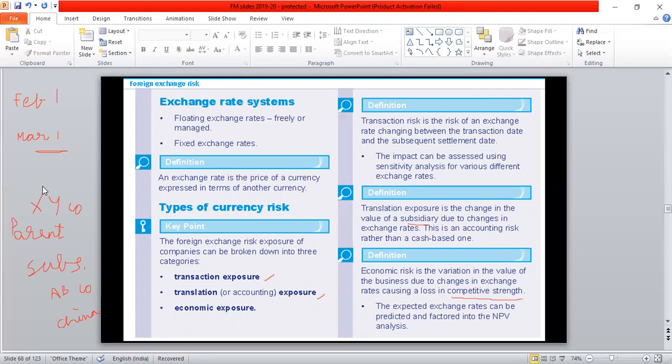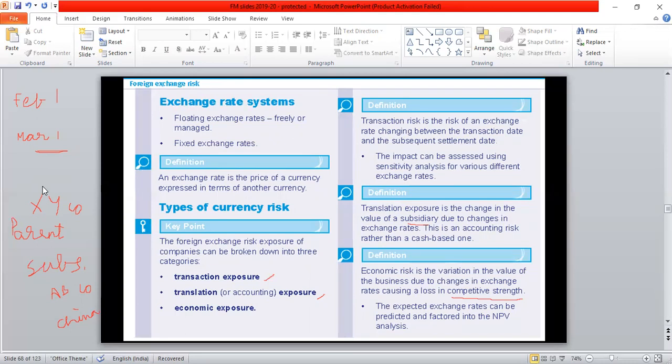That is called economic exposure. Because they're buying or selling goods, importing or exporting goods from other countries, that has an impact on their payment or receiving because of changes in the foreign currencies. We call it transaction risk. When the subsidiary has to translate their financial statements according to the currency of the parent company, any risk which arises is called translation risk.